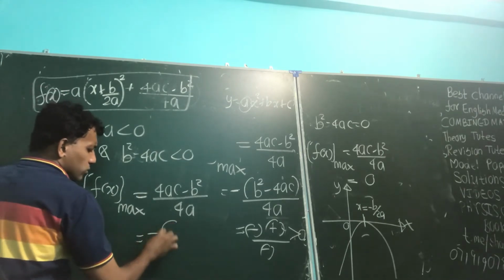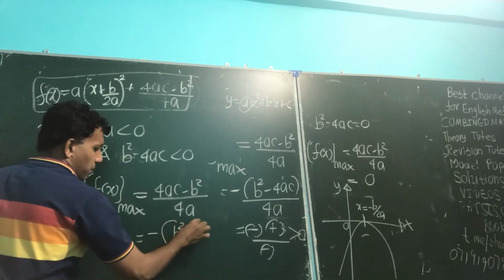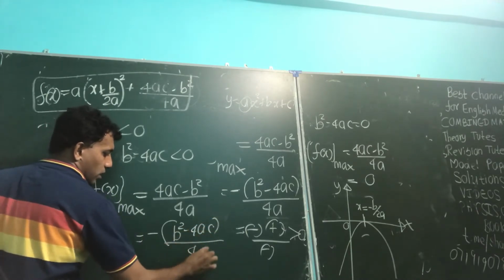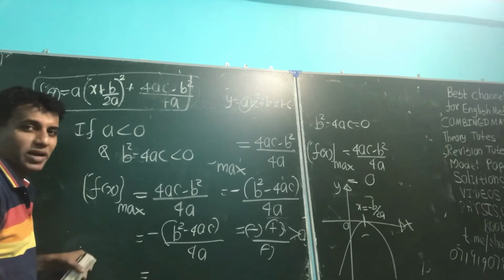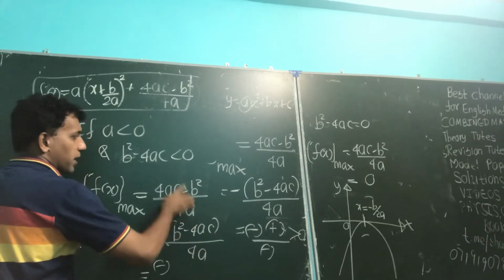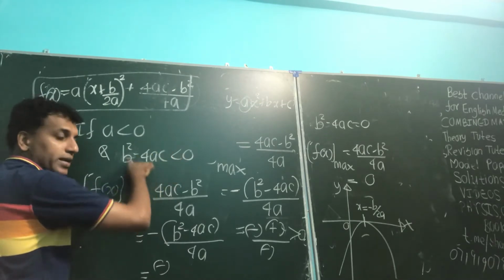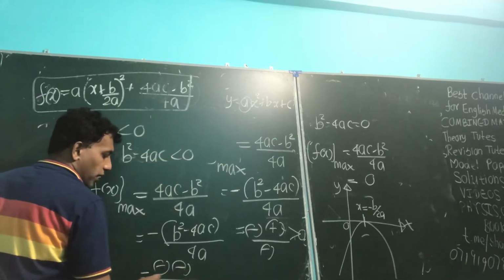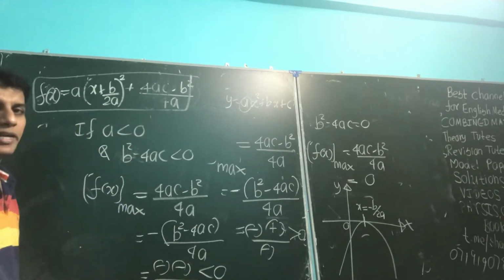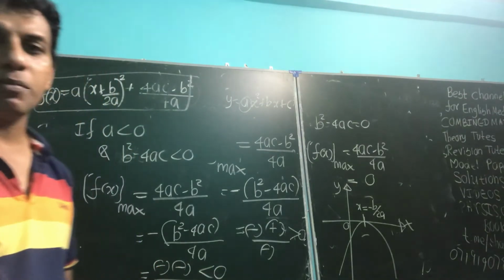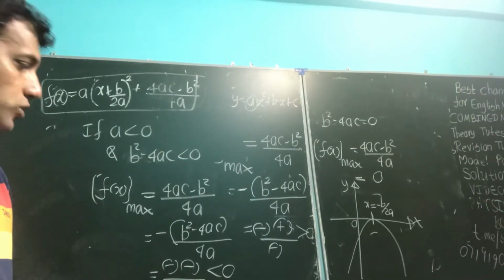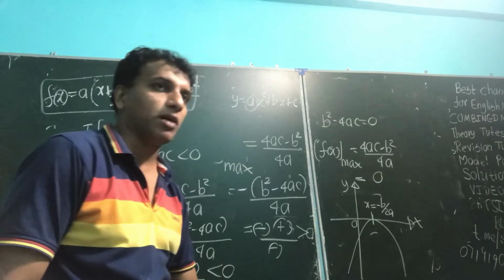Take the minus out, that is minus of B square minus 4AC over 4A. Outside there is a minus. B square minus 4AC is negative, a minus, right? Below, A is also minus. Therefore, minus into minus is plus, plus divided by minus. So no chance for a positive maximum.